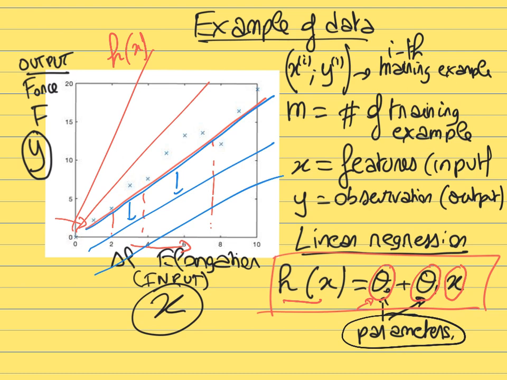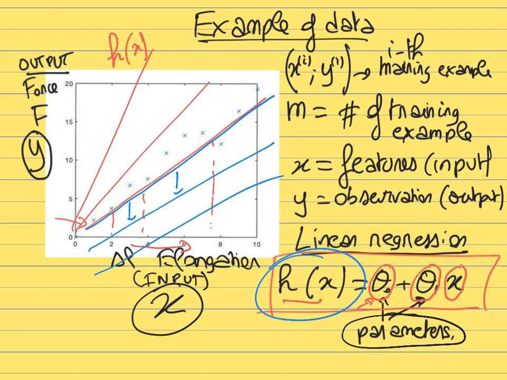So in this case, the goal is to find the best values of theta naught and theta 1 that give you a model that best describes your data, that gives you the hypothesis H that shows the best agreement with the existing training examples.